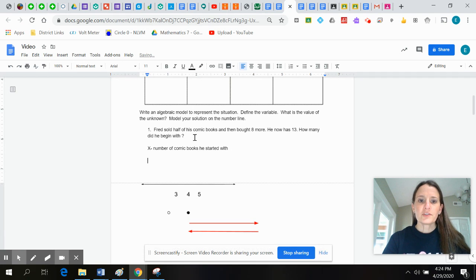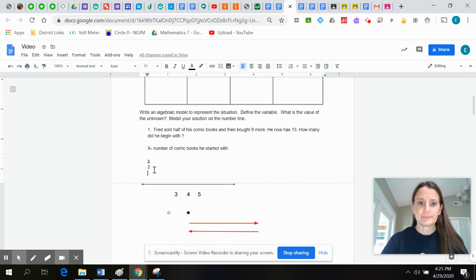So x is our number of comics he started with, and what happened? He sold half of those. So algebraically, we would write that as x divided by 2. Remember, in a Google Doc, we can use the underline to represent division. So x divided by 2.